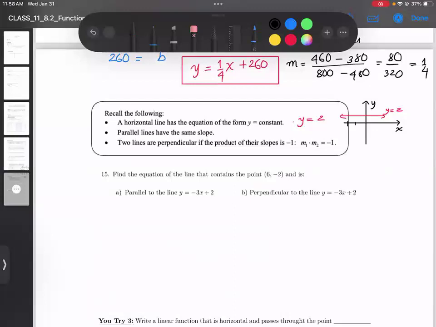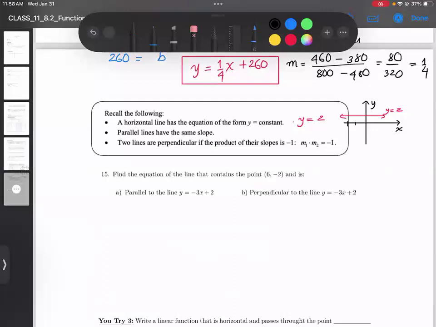Another thing is that parallel lines have the same slope. They can have the same or different y-intercepts, but they always have the same slope if the two lines are parallel. Two lines are perpendicular if the product of their slopes is -1.